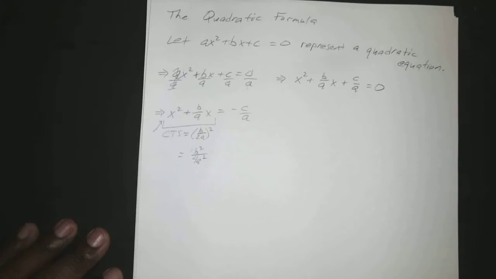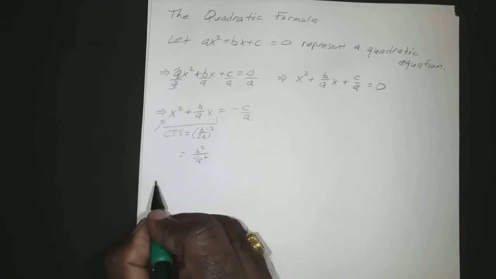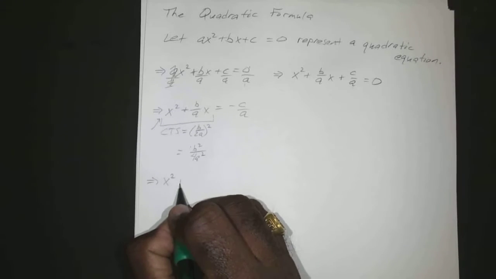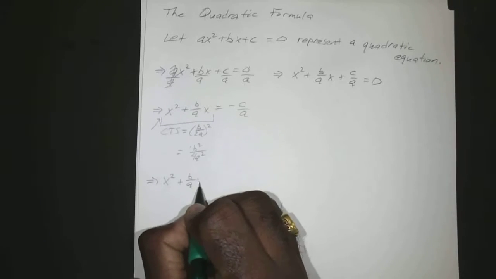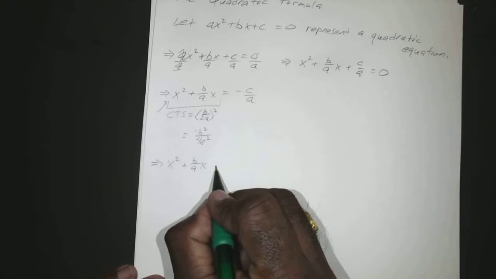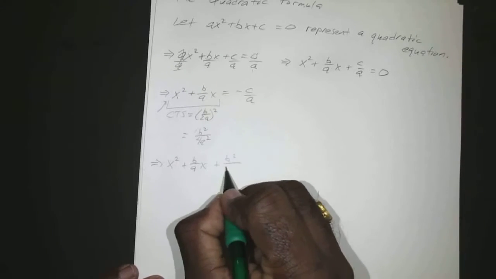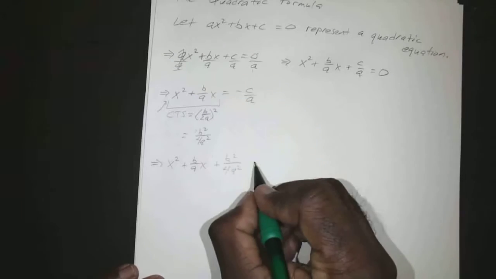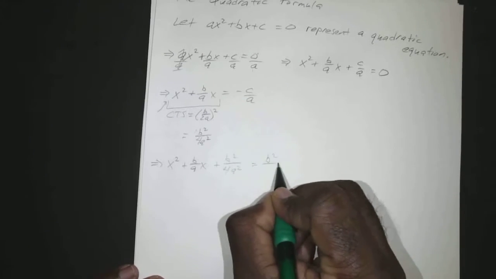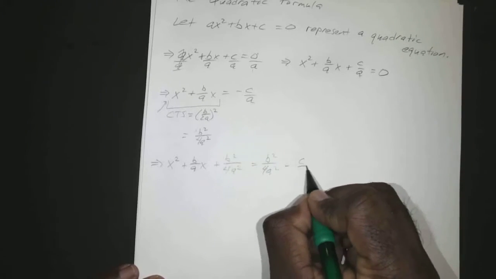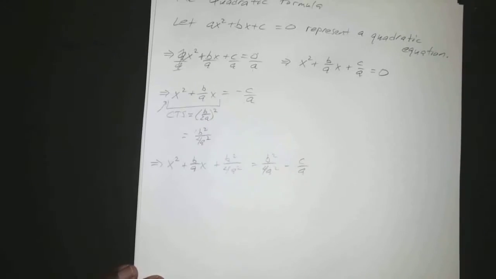Now remember, we're going to get that and we're going to add it to both sides of the equal sign. So b over a x plus b squared over 4a squared equals b squared over 4a squared minus our c over a. Because remember, we still had that minus c over a there.